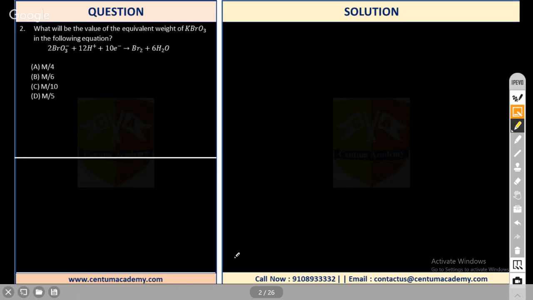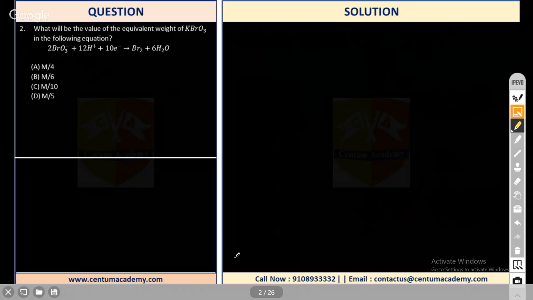We have to find out the equivalent weight of KBrO3 in the following equation. Okay, equivalent weight we have to find out, and the reaction is already balanced. So we don't have to do anything to it since the reaction is balanced.